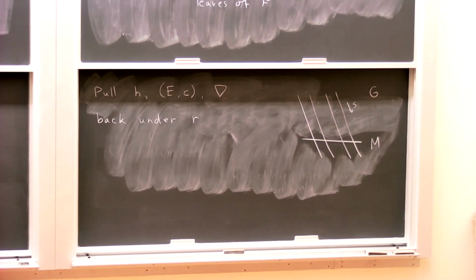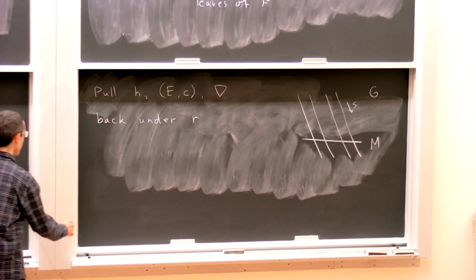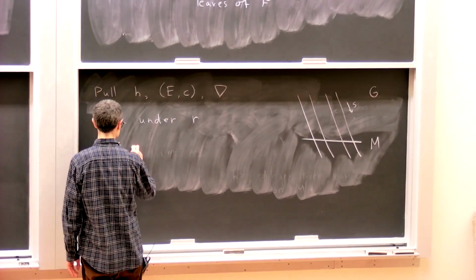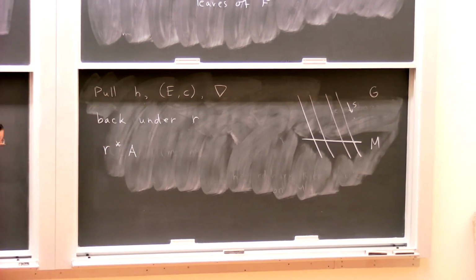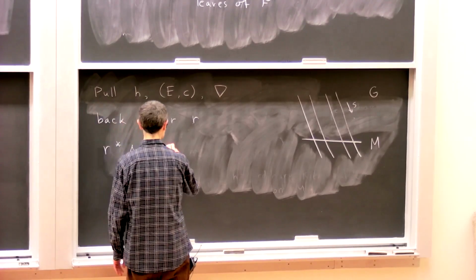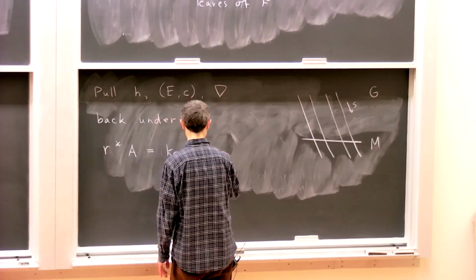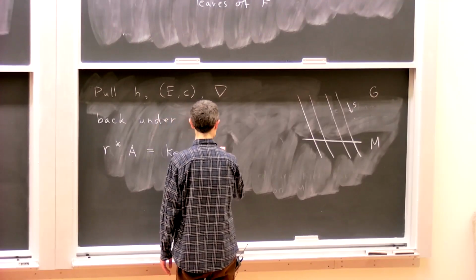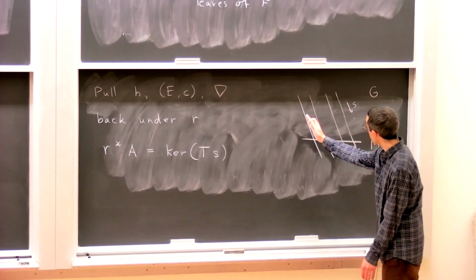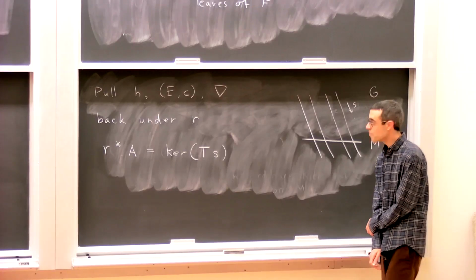Then if you take the pullback of A under the range map, what you get is canonically identified with the kernel of the source projection, so with the vertical bundle for this projection.